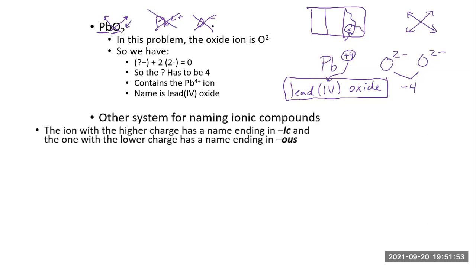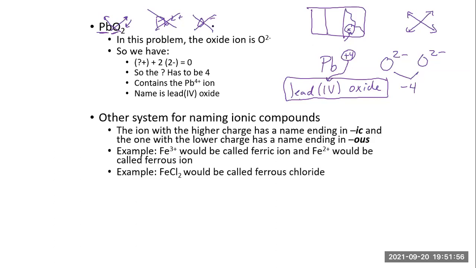Now, there is an older way of naming, which we're really not going to use in this class, but sometimes it does come about, and that is instead of using Roman numerals, we use the old way of naming things. So instead of iron, we call it ferric or ferrous, and typically the one with the IC has the larger positive charge, and the one with the OUS has the smaller positive charge.